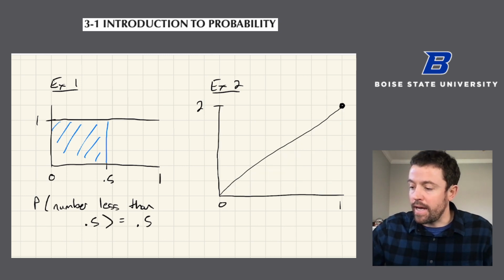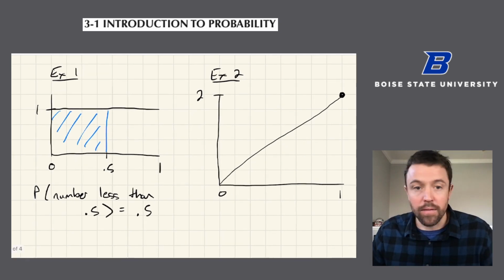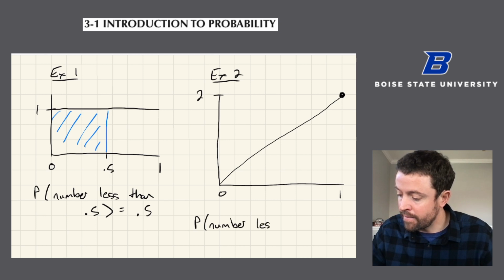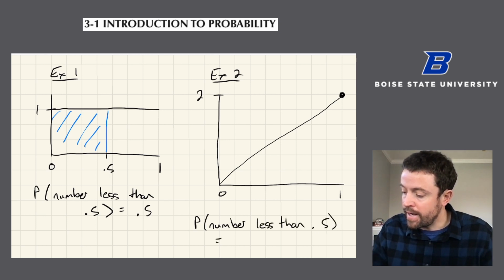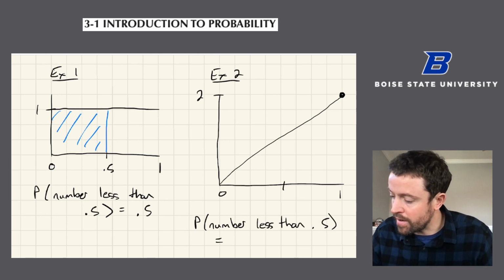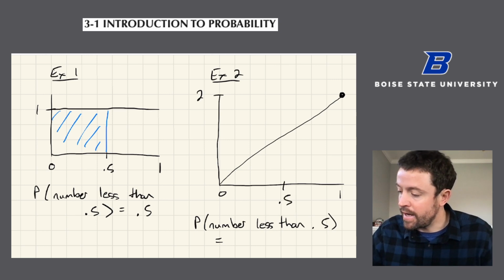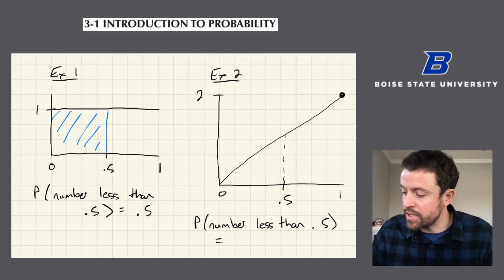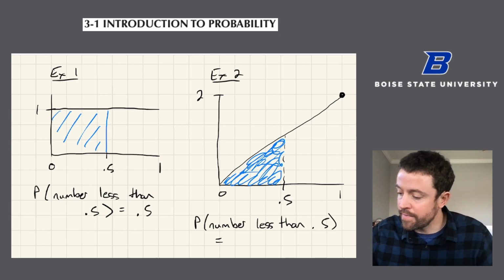Now, again, I can ask, what's the probability of a number less than a half? And here it will be less likely than it was in the first case. So I'll draw in 0.5. And the height of this triangle that I'm about to shade in is going to be 1.